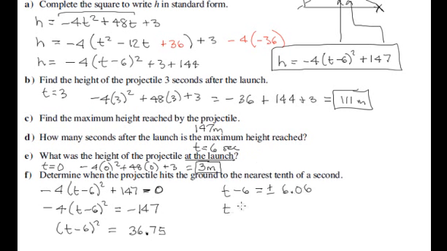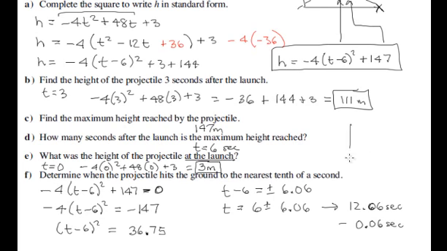And then we add 6 to each side, and we get 6 plus or minus 6.06. Getting ahead of myself. So, two possible solutions. 6 plus 6.06 makes 12.06 seconds, or 6 minus 6.06, which makes minus 0.06 seconds.